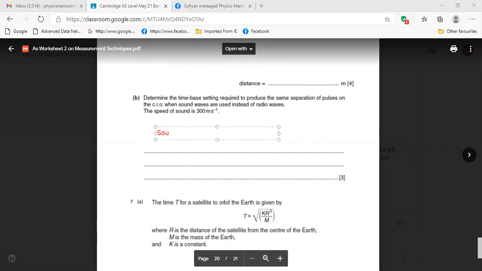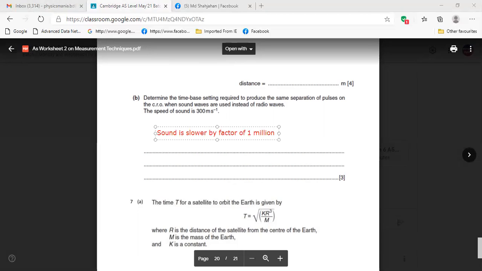Sound is slower by a factor of 1 million, right?